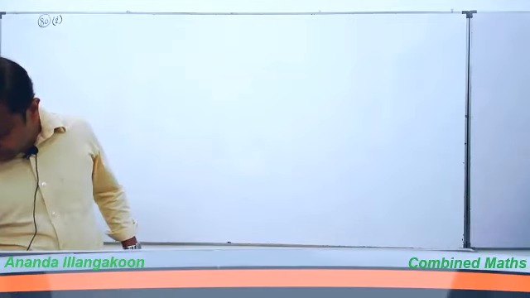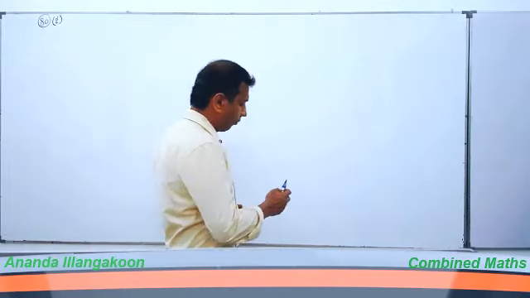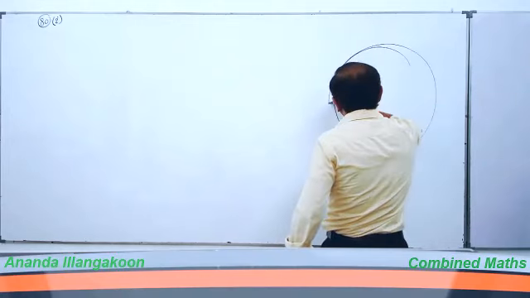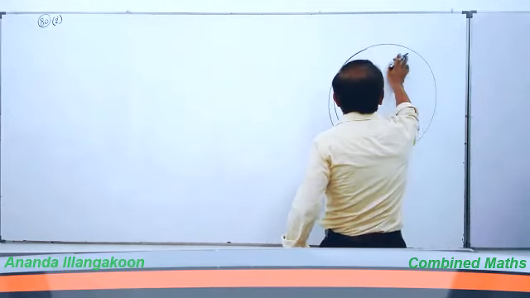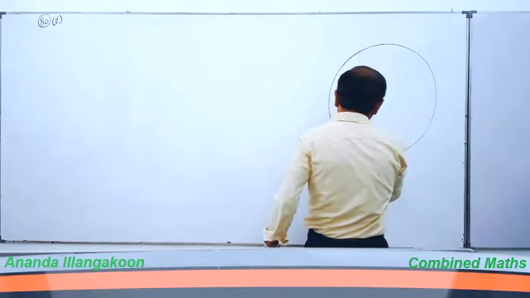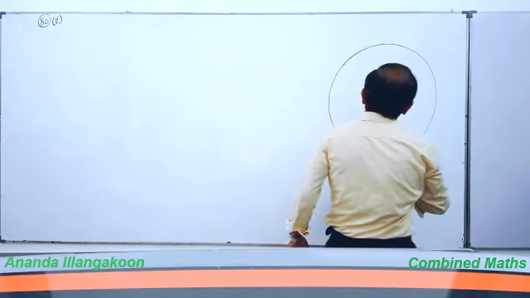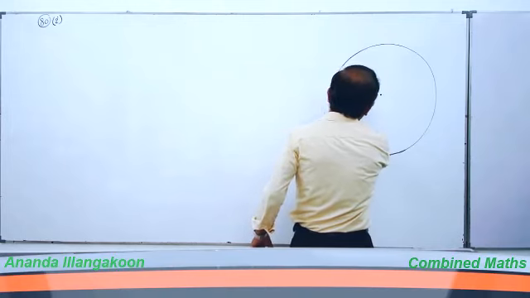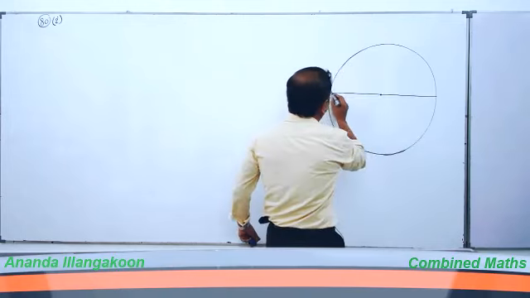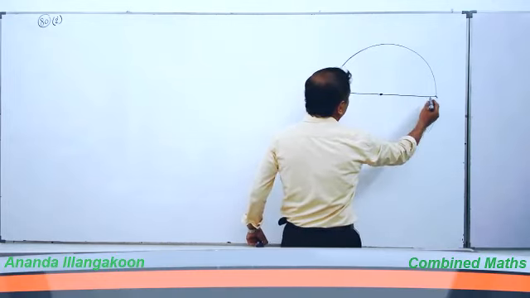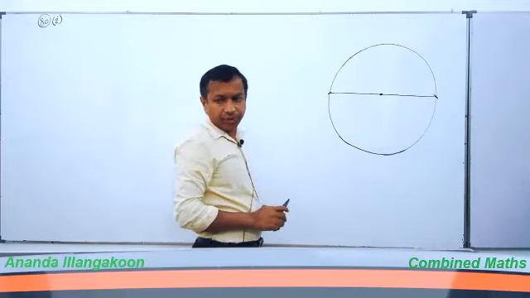This is, when we consider a circle, suppose a circle. In the circle, we know one geometrical theorem. This is a diameter. This is the center. This length is called a diameter.